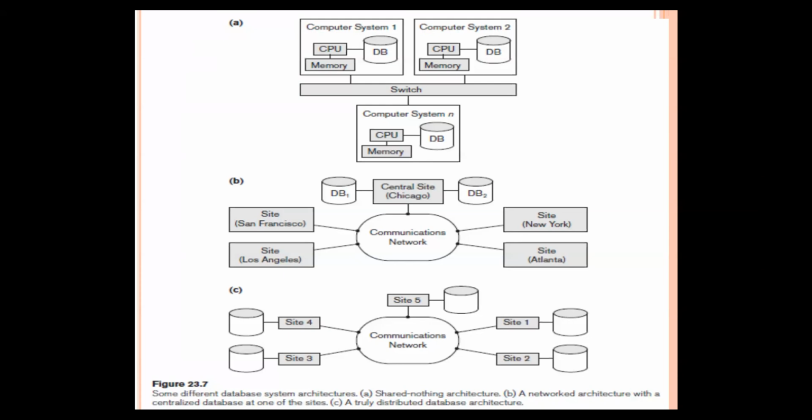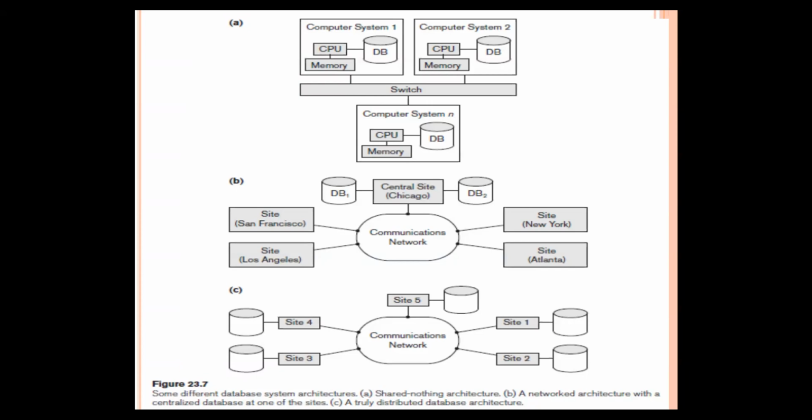Only local memory is available in site 1, located in San Francisco, site 2 in New York, site 3 in Atlanta, and site 4 in Los Angeles. The centralized server is available at the headquarters in Chicago. The database is completely maintained by the centralized server at the main headquarters. Each site has only a local CPU to do the transactions.